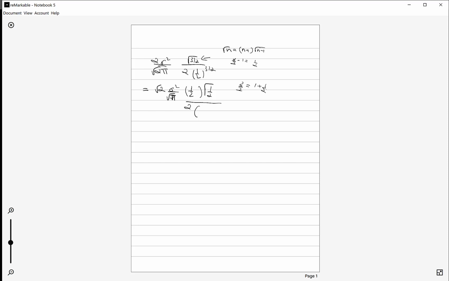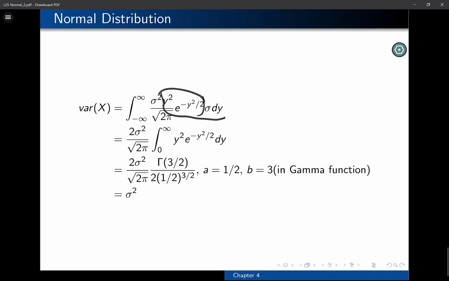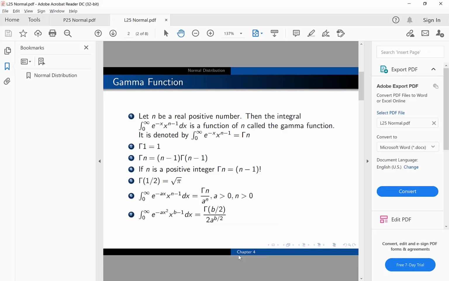So it's half raised to 1 plus half. Again, remember gamma half is square root of pi. So if you go back to the results here, gamma half is square root of pi.